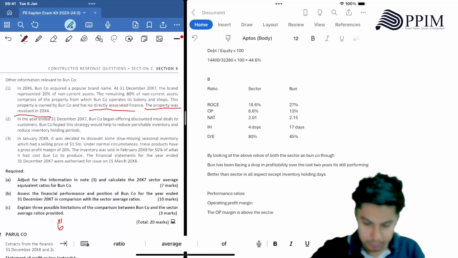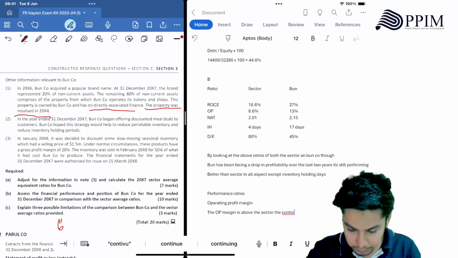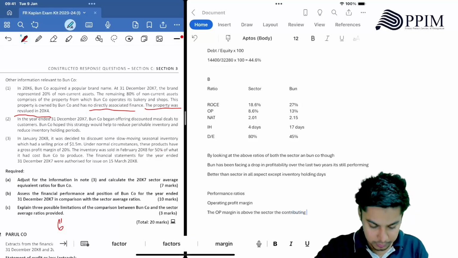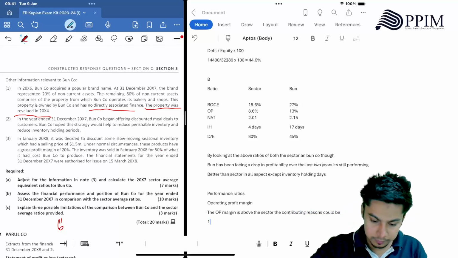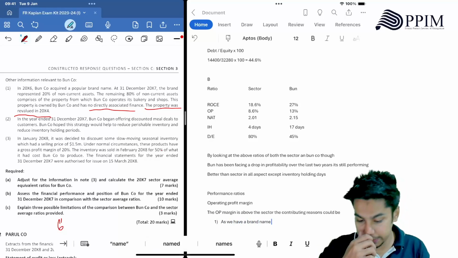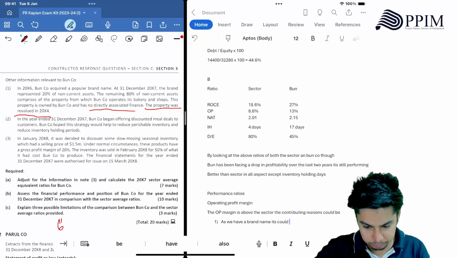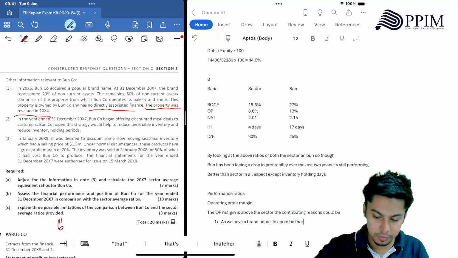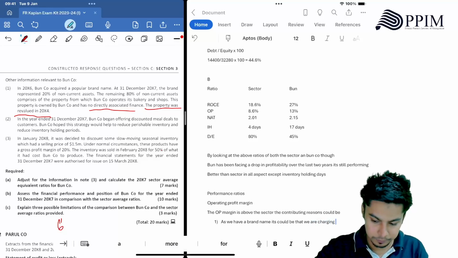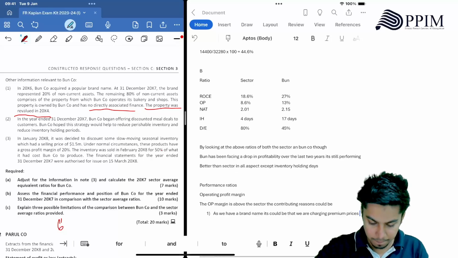The contributing reasons could be, number one, as we have a brand name, it could be that we are charging premium prices for the product sold.